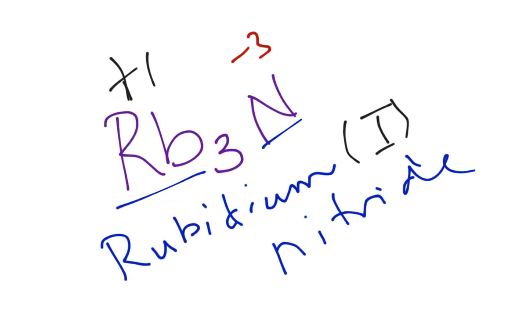Okay, so that's it. That's how you would name. So that's the review part. We have a very special case that happens sometimes, going back to that first one where we had copper nitrate.